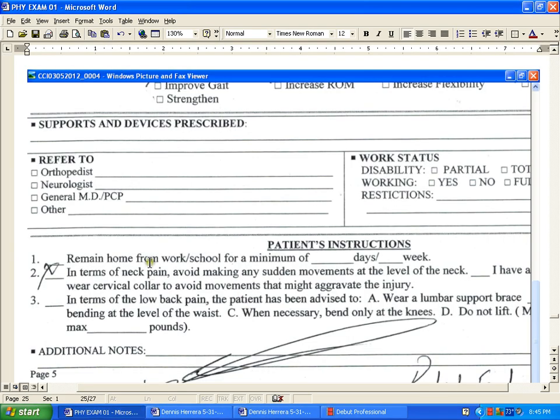But in this case, there was. And so, in the template, it has in there recommendations.